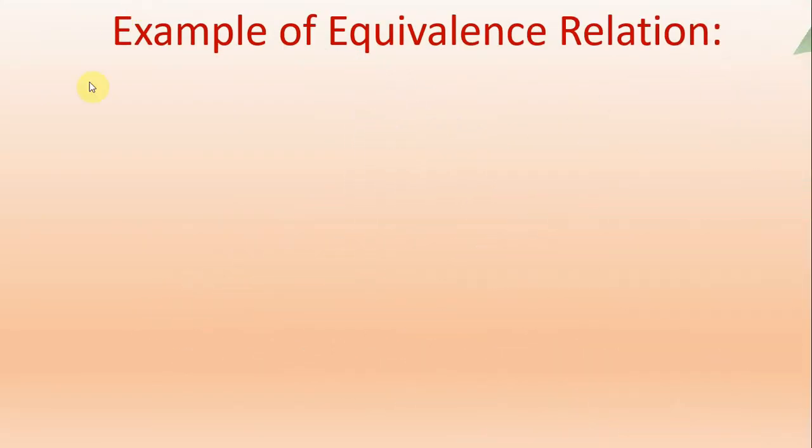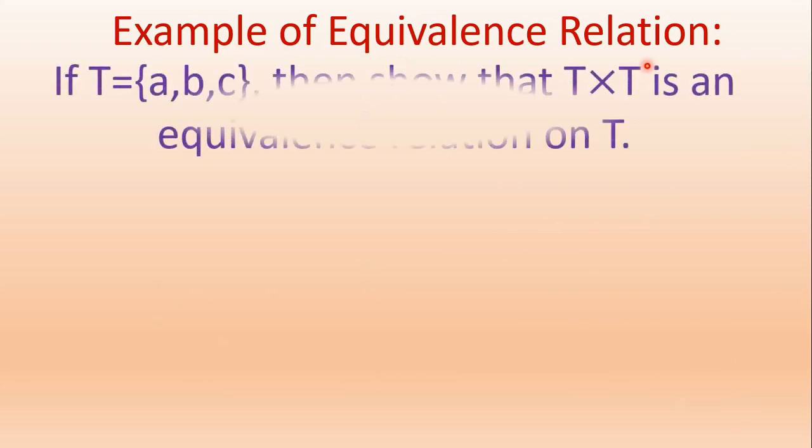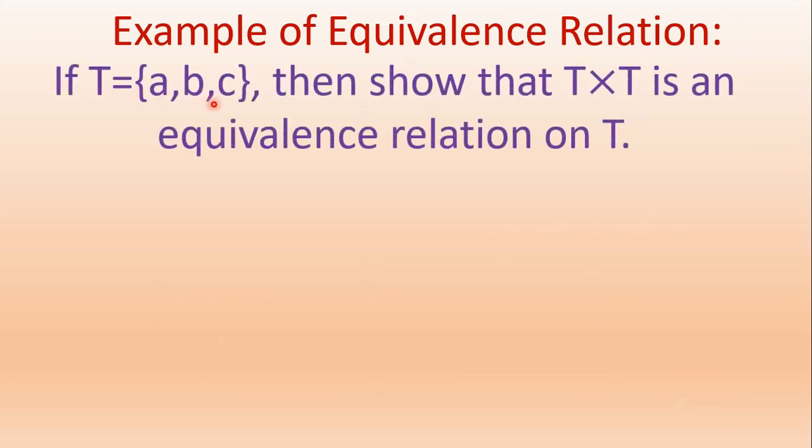Now we will discuss an example of equivalence relation. If T is equal to {a, b, c}, then show that T cross T, or T Cartesian product T, is an equivalence relation on T. That means we have to show that T cross T is reflexive, symmetric and transitive.